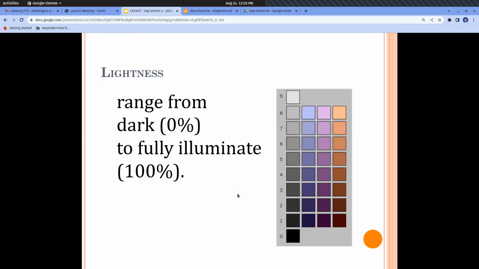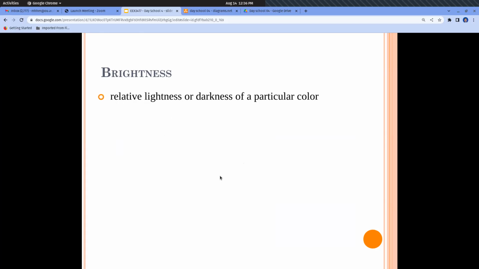Lightness. This one is lightness, ranging from dark to full lumens. Dark means black. If you consider the gray color, how gray changes from black to white, this black to white is lightness. Brightness is relative to the lightness, the darkness of a particular color.